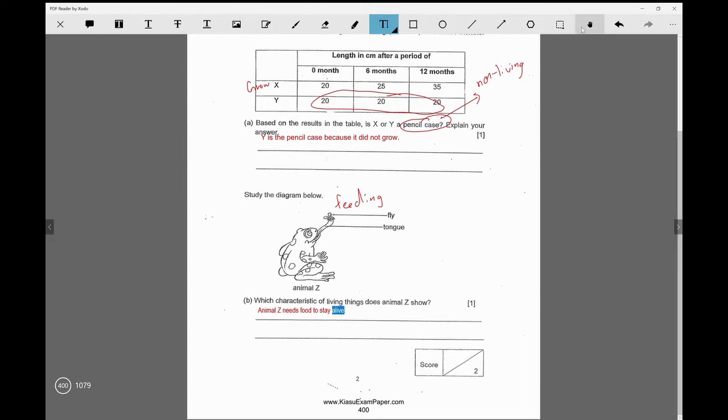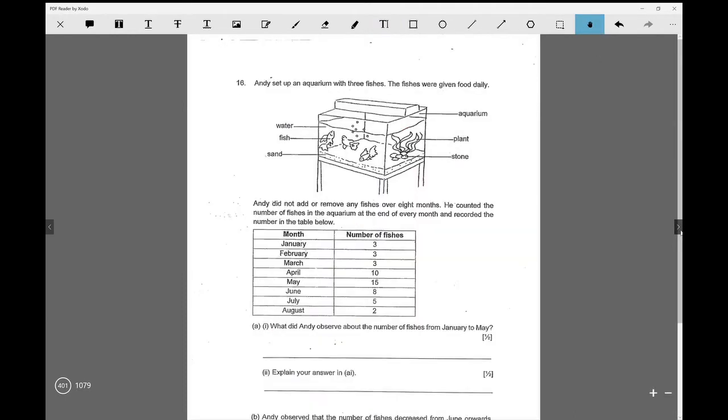Okay, let's go to the next question. They are showing you the number of fishes in the fish tank. Basically, from January to March, it stays the same, and then suddenly from March to April and April to May, the number increases.